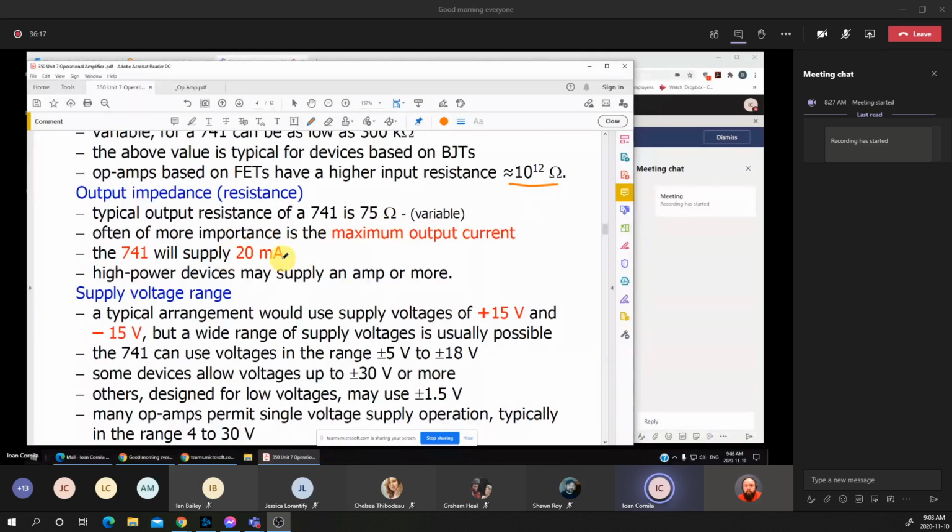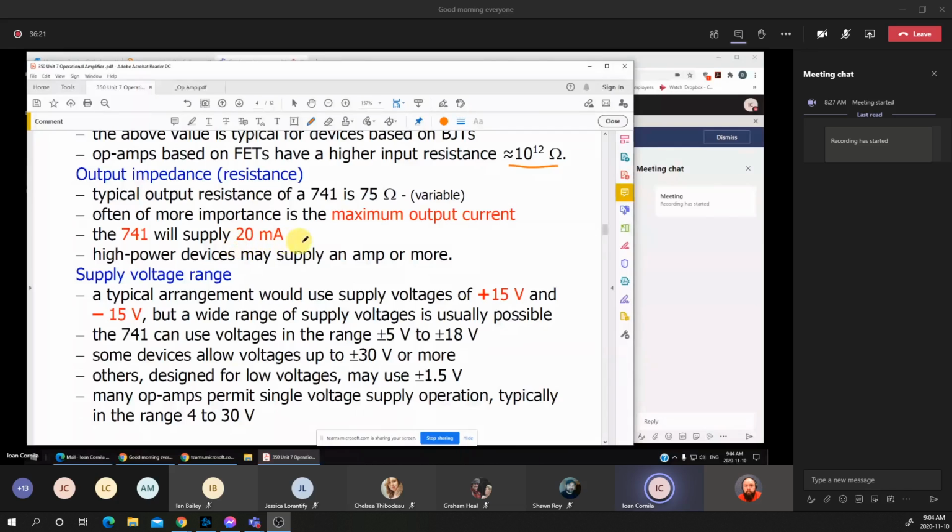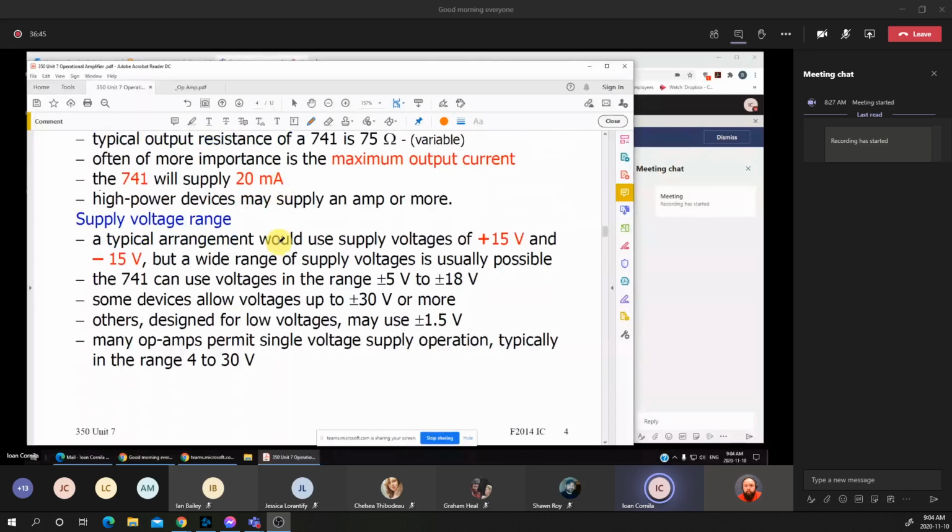The maximum current that can be supplied to a load is 20 milliamps, which is always a limitation of the op amps, in terms of the power dissipated, and the maximum current that can be supplied to a load connected on the output of the op amp.